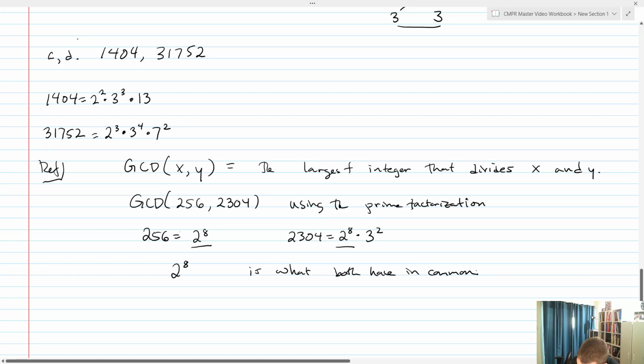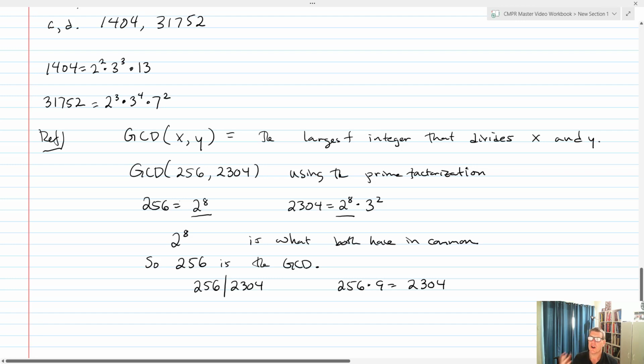And 2 to the 8th actually equals 256. So 256 is the GCD. It's the thing they both have in common. You can actually look, and 256 does divide 2,304. In fact, 256 times 9 will equal 2,304.